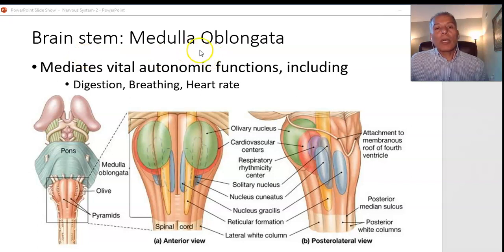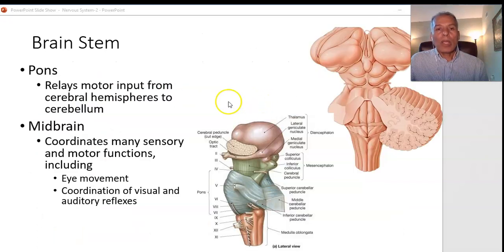The medulla oblongata, now we'll take the structures one by one and discuss the various functions of each one. The medulla oblongata has centers, for example, that control digestion, breathing, and heart rate. And as you can see in the different views here, the pons, here's the pons.